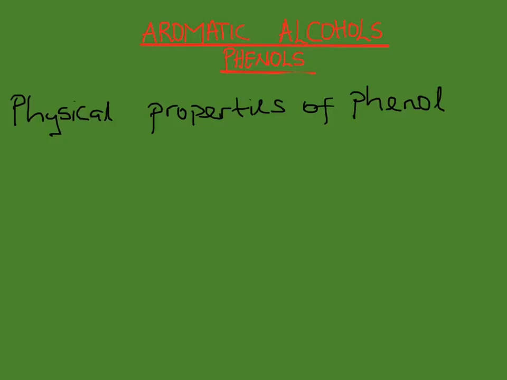That is, for example, if you compare cyclohexanol and phenol. Also, we can compare phenol and alkanes of comparable relative molecular masses. We see that phenol has significantly higher melting and boiling points and also greater solubility than the corresponding alcohol and alkanes of comparable relative molecular mass.